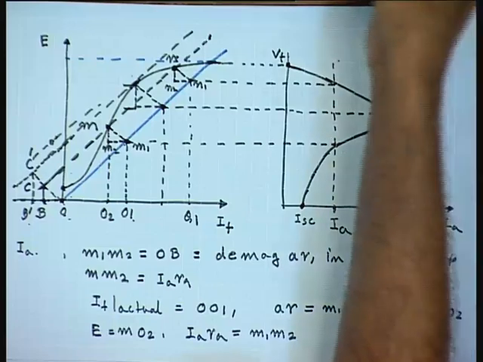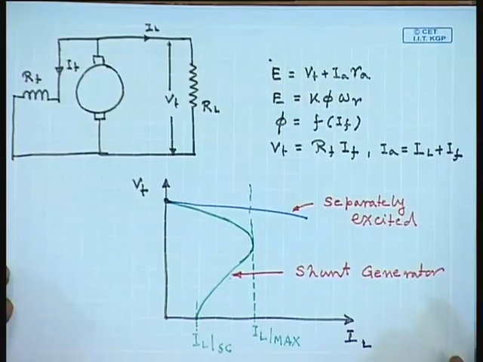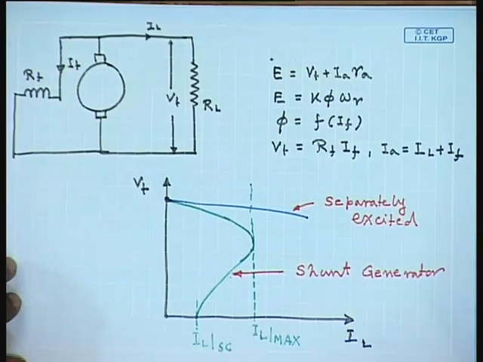The reasons being, in a separately excited generator, the armature current drop causes reduction in terminal voltage, as well as armature reaction causes reduction in terminal voltage. However, the field current remains constant.